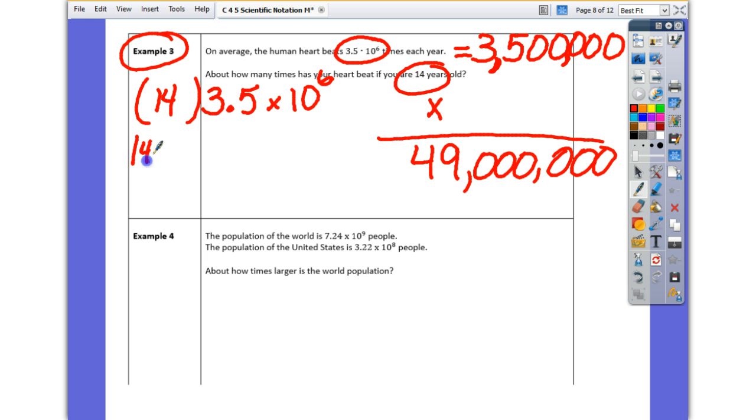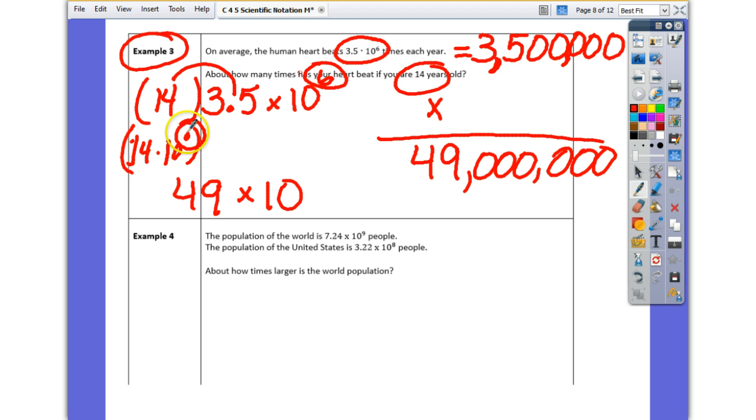That's like 14 times 10 to the 0 power. 14 times 3.5 is 49. Times 10 to the, what do we do with our exponents when we multiply? Add them, and what's 0 plus 6? 6. Are these equal? Yes.